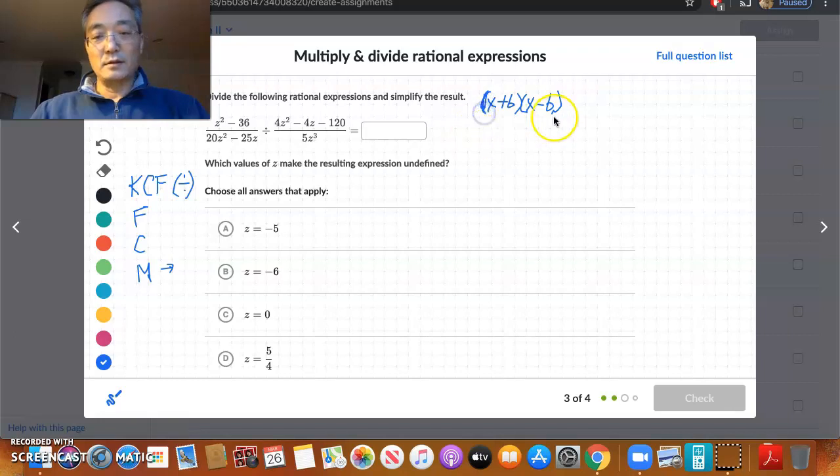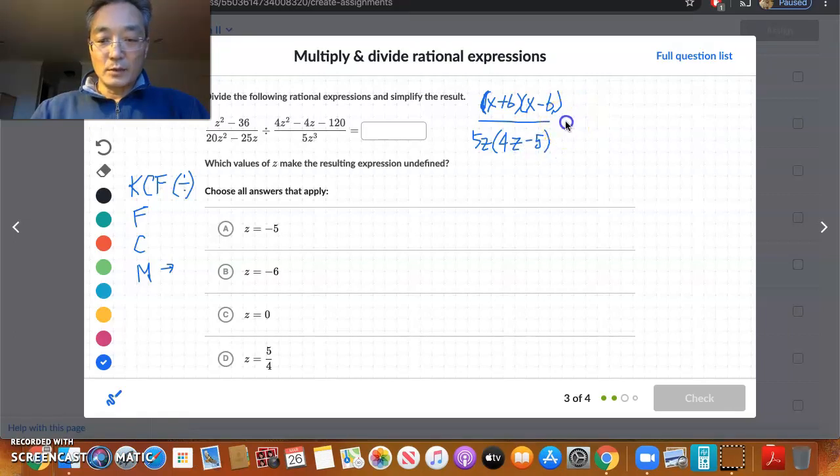That is divided by, now here, we can take a z out, and we can also take a 5. So we can take 5z, which is going to leave us with 4z minus 5.